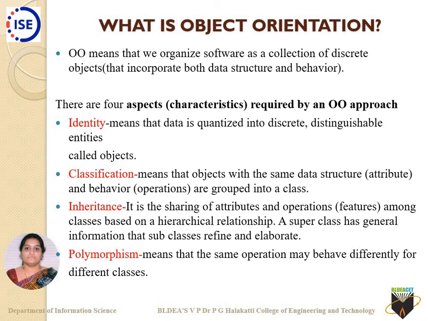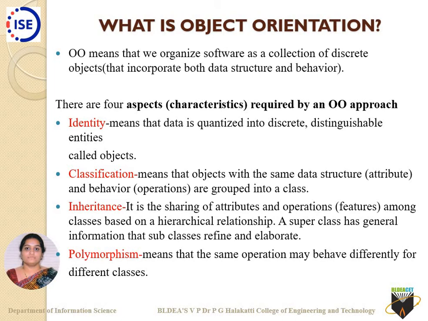S1 belongs to a class called student, whereas E1 belongs to a class called employee, because E1's data structure and operations are different from the student's data structure and behavior. So ultimately, classification says that objects with the same data structure and behavior are grouped into a class.